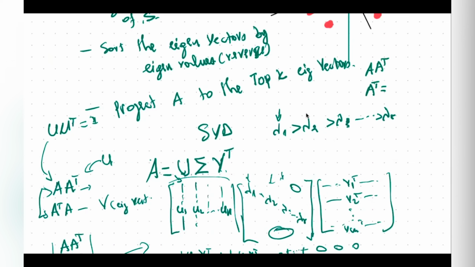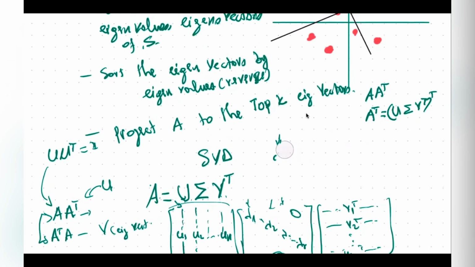If you want to compute the transpose of A, which is U sigma V transpose, you just reverse the order and add transpose where it's needed, right? So you will have something like V sigma U transpose, right?